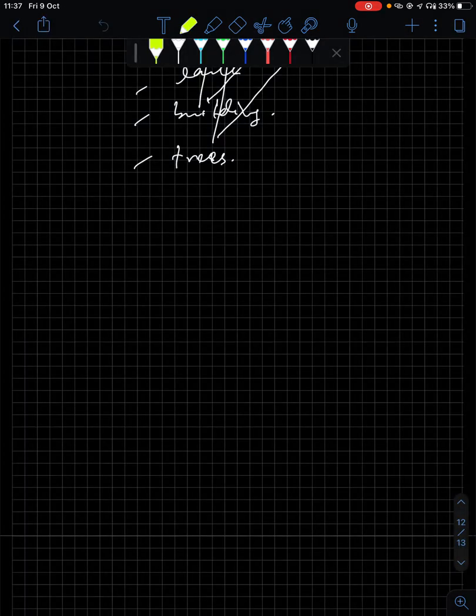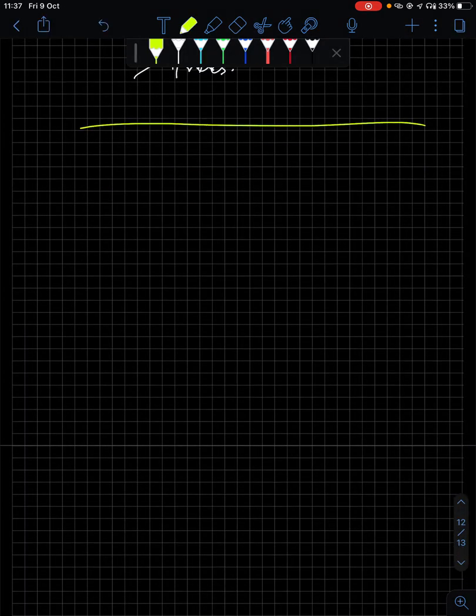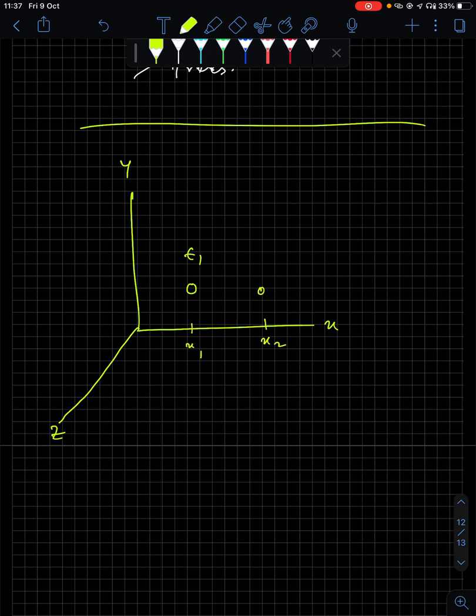Now you see, when we talk of the mathematical definition, when you are considering the mathematical definition, you are considering a coordinate system, x, y, z. Now this is a three-dimensional coordinate system. Now if you have a body here at time t1, the position is x1, and at time t2 the body is here, the position is x2.